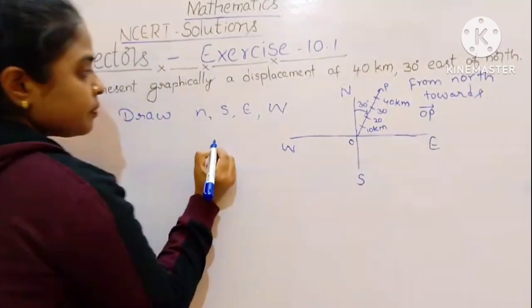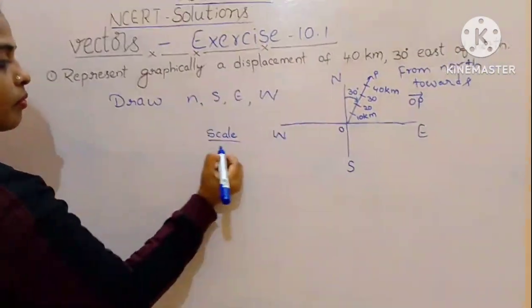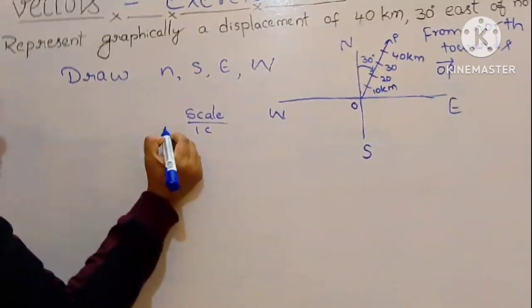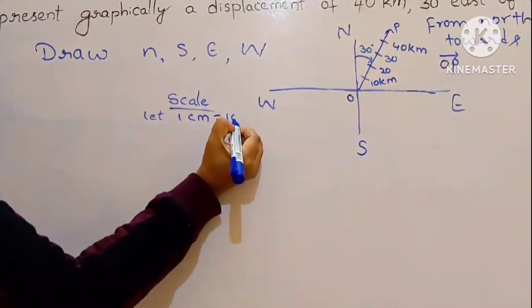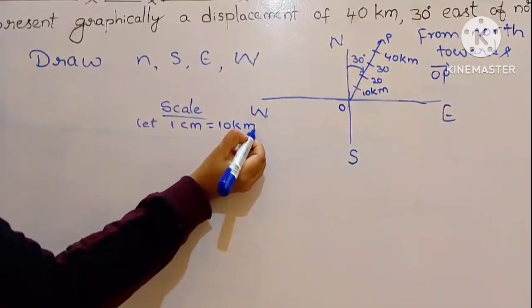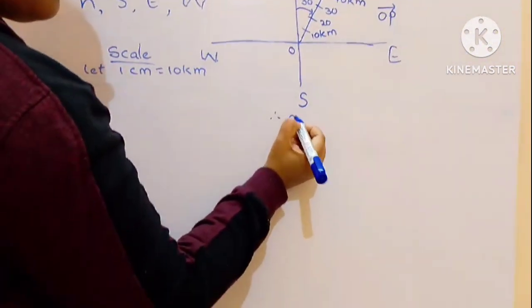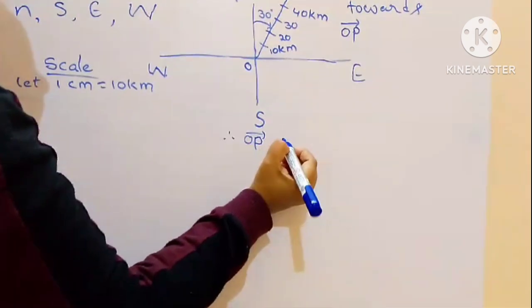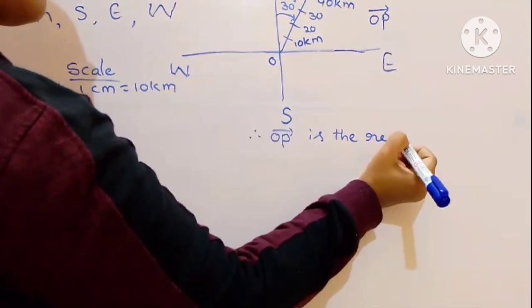The scale is: let 1 centimeter equal 10 kilometers. Therefore, OP bar is the required vector.